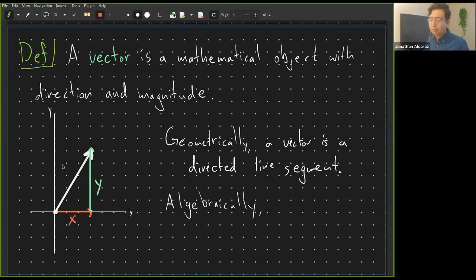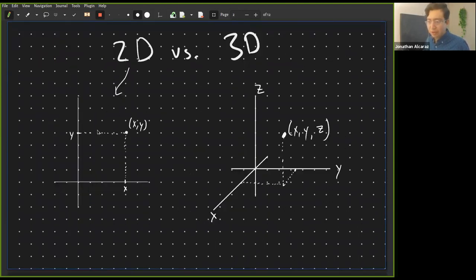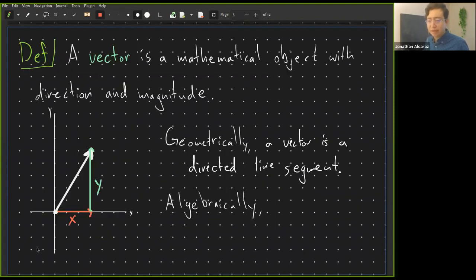Just like a point in Cartesian coordinates, you can break it up into its x and y coordinates or x, y, z coordinates. You can do the same with a vector, except you're breaking it up into components that are also vectors. Basically, if you're thinking of this as an instruction, a direction you need to move, you can move in this direction by moving this direction first and then this direction. So you can break it up like that.